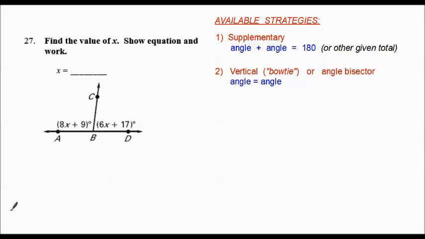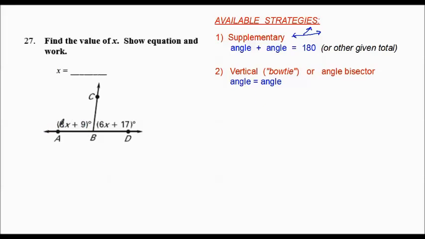The next problem, find the value of x. Again, we go back to our available strategies. Either the two angles get added together to produce 180 when they are supplementary, which are the ones sitting on a straight line and forming a linear pair, or vertical angles, the bow tie shape, where angles are equal to angle.